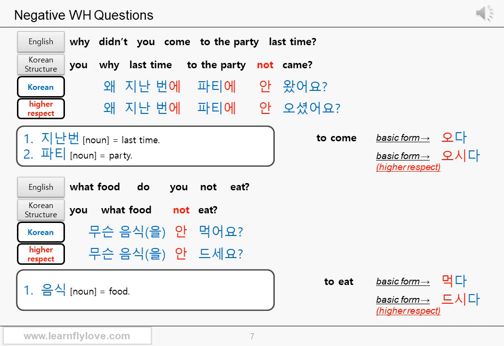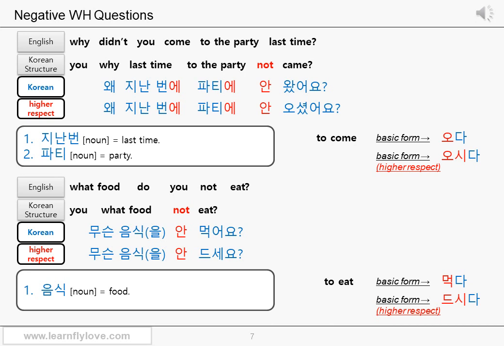왜 지난번에 파티에 오지 않았어요? It's in the past tense. The higher respect form is 왜 지난번에 파티에 오지 않으셨어요? You need to turn the 지 않아요 part into a higher respect form.